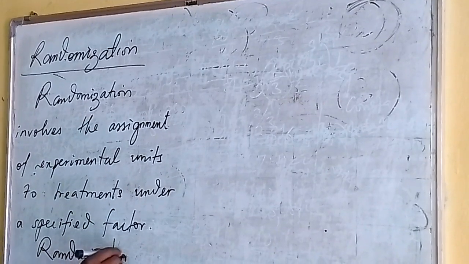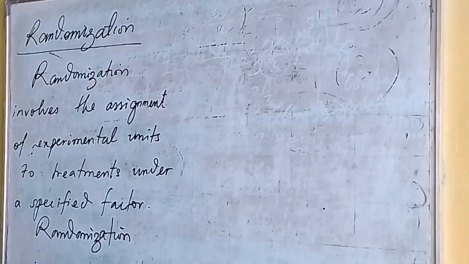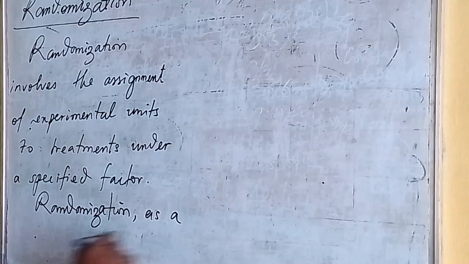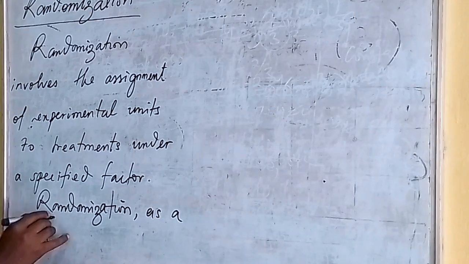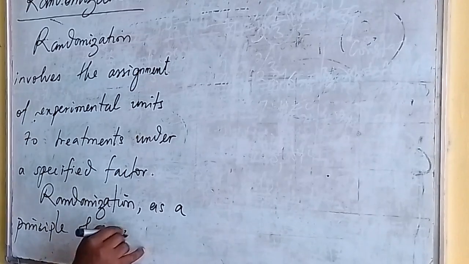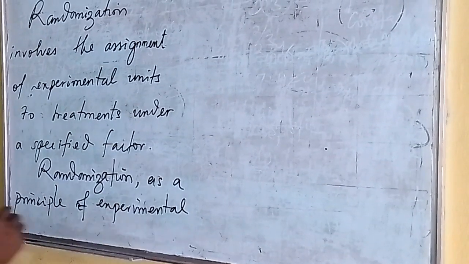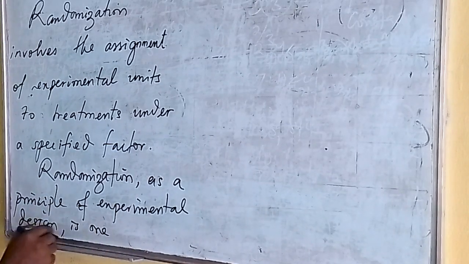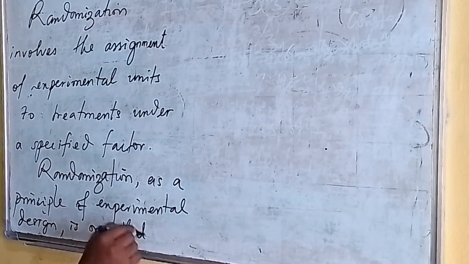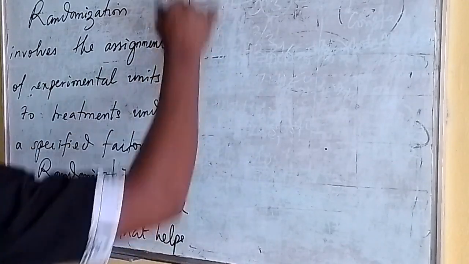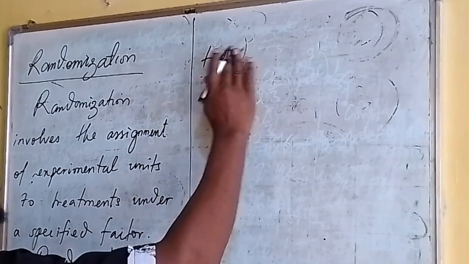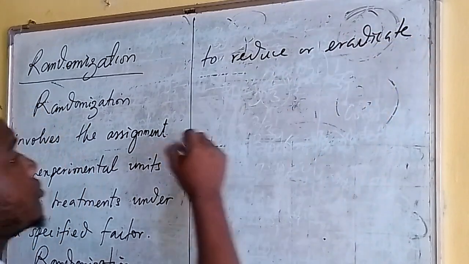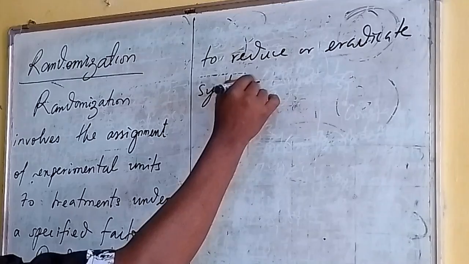So randomization, as a principle of experimental design, is one that helps to reduce or eradicate systematic error.